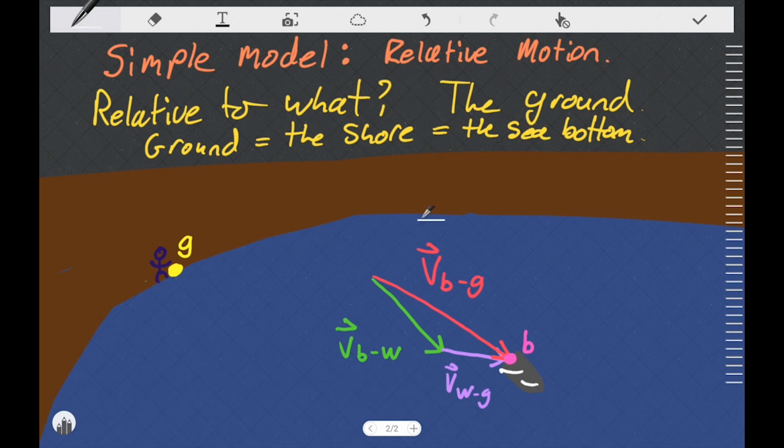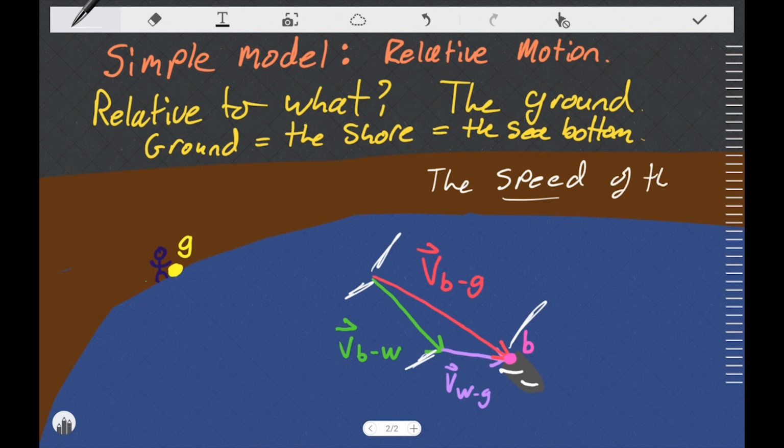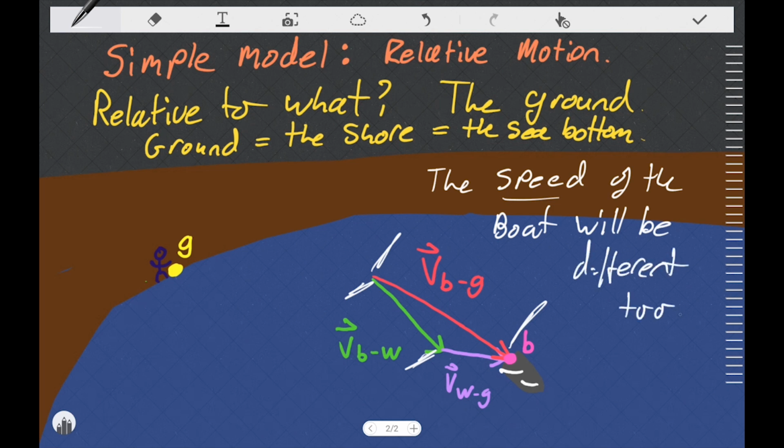Also, from the differences in the lengths of these vector arrows, something that we can take away is that the speed of the boat is going to be different when we have current. Now I'm saying different here instead of greater, because whether it's greater or less than the original speed is going to depend on the direction of the current, and we're going to see that in a second.